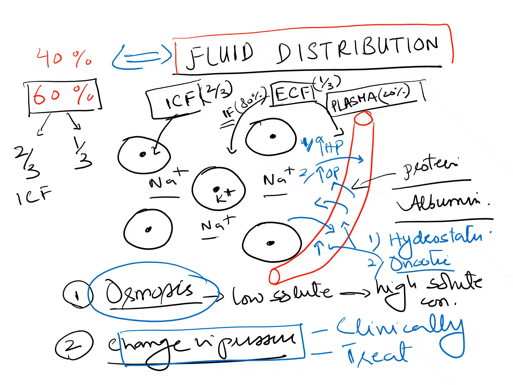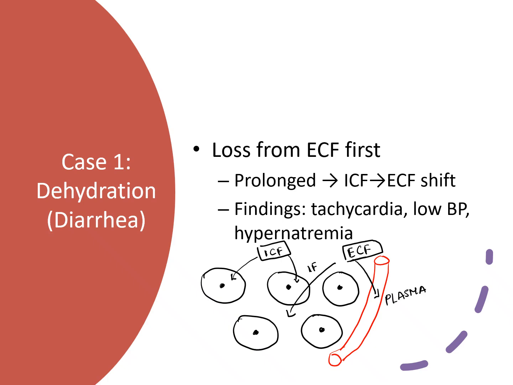Let's discuss different situations where we will try to understand how the change in fluid will affect our patient clinically. So let's take case 1. Say you have a patient who comes to the hospital with dehydration secondary to diarrhea or vomiting, or maybe the patient is not eating and drinking for a few days.